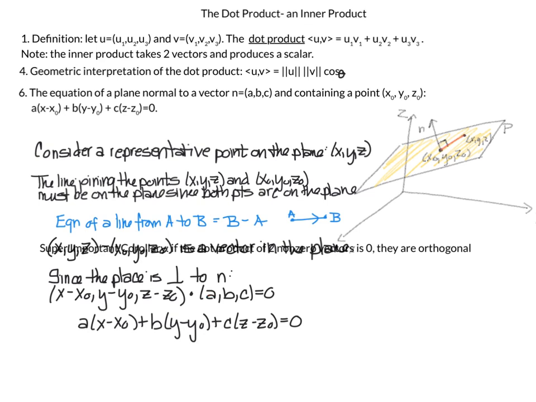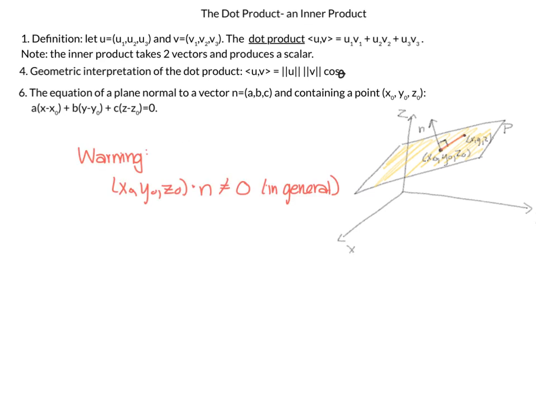So A, B, C dot this vector gives us A times x minus x naught plus B times y minus y naught plus C times z minus z naught is equal to 0. And that is exactly the equation we have here.